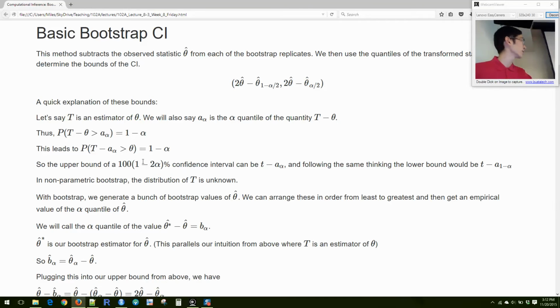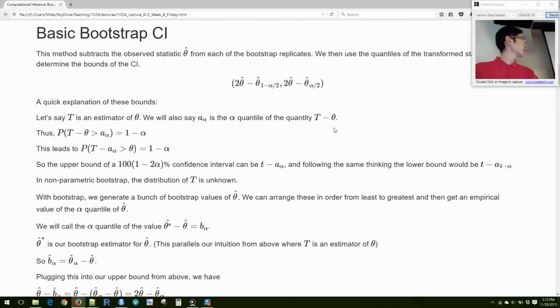So if alpha is 2.5%, we take our estimator of theta, and we subtract off this quantity A, which is T minus theta.